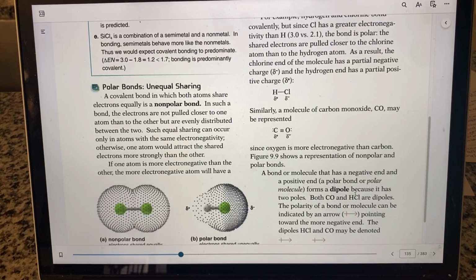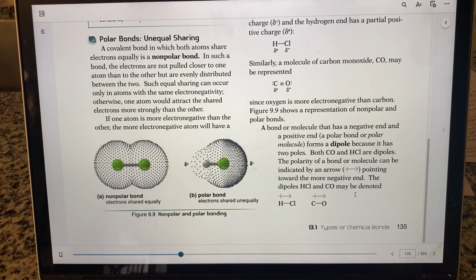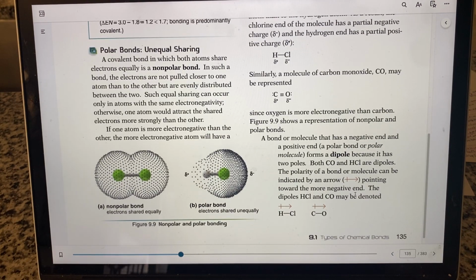So now we're going to talk about something new, but it has to do with bonds. Not only do we have the bondings of ionic, covalent and metallic, now we have another thing that we have to be concerned about, because this actually holds things together too, and gives them charges. As you say, unlike charges come together and hold together, right?